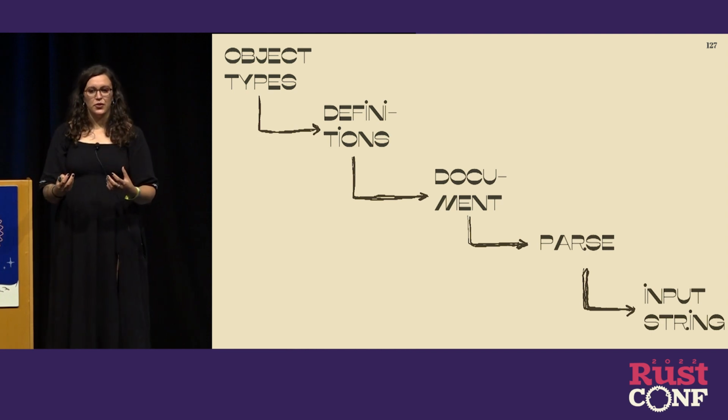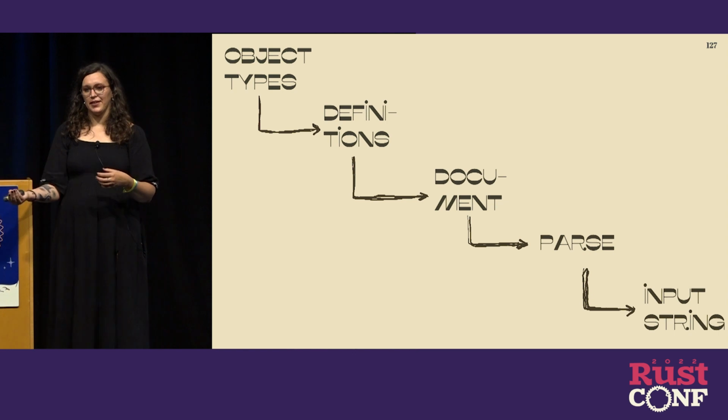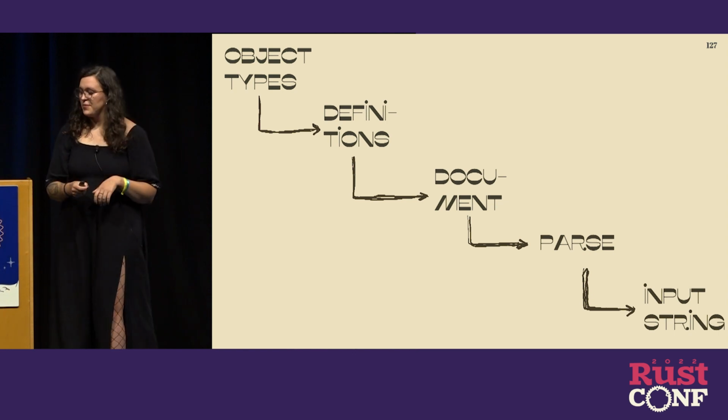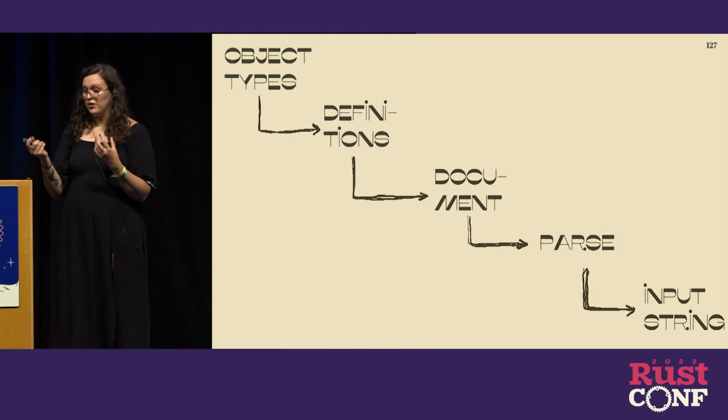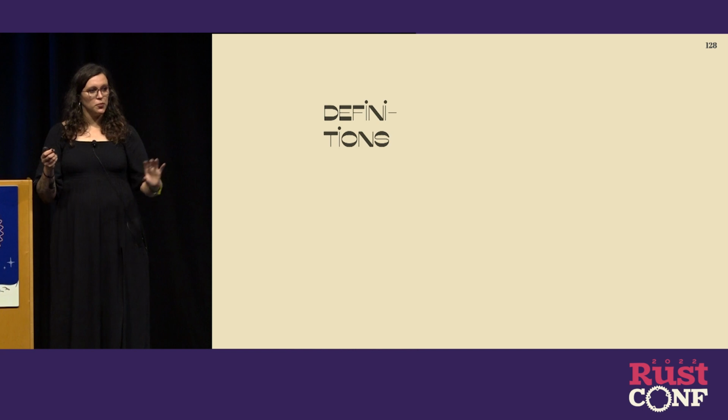What Salsa helps us do is that each one of these queries is memoized and cached, which means if any one of these gets called again, instead of recomputing it, Salsa looks for it in the cache. I don't physically do this, Salsa does this. So, for example, the definitions query gets used by multiple other queries, not just object types.